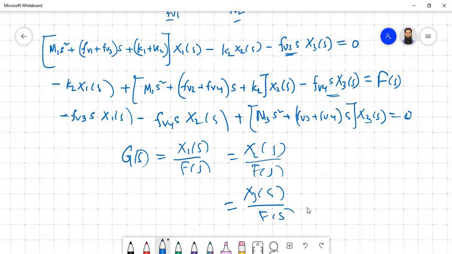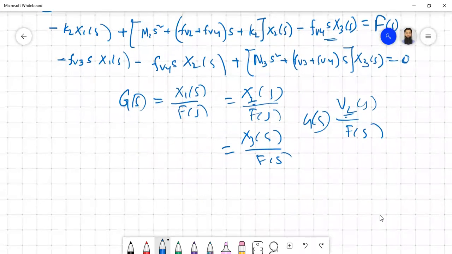Sometimes they can also ask you to find out V2S by Fs. So you actually have to then figure out the relation between V2 and X2, then you can easily find it out how to do it.